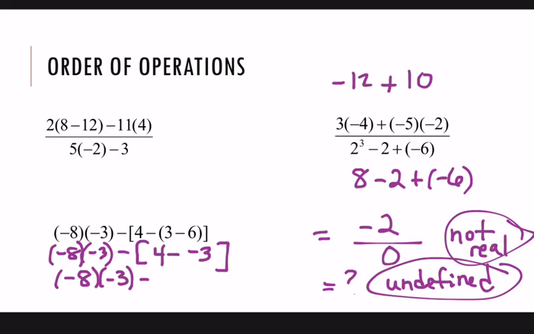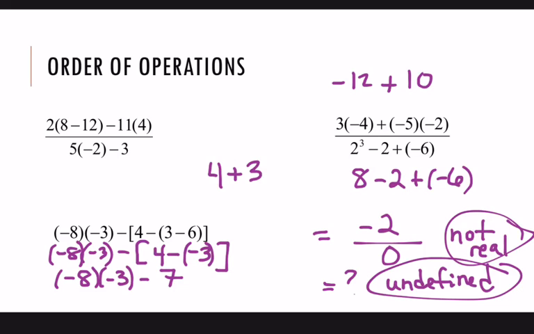Now really you can think of this as a subtraction, or if you want, even think of this as a multiplication, like a negative times a negative 3. So you could do that next. And that's going to become 4 plus 3. Two negatives make a positive. So 4 minus negative 3 is 7.